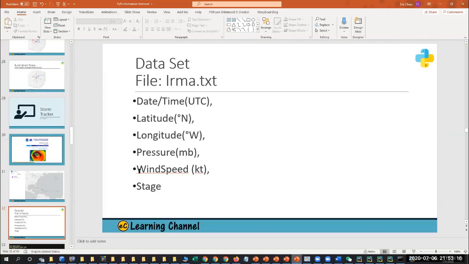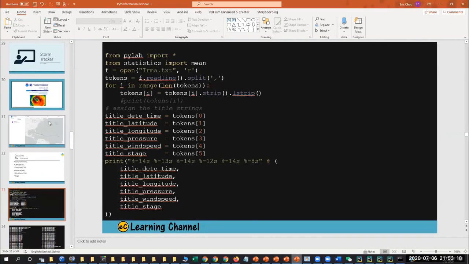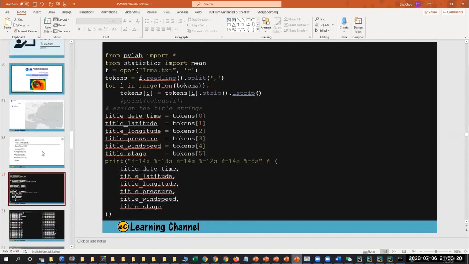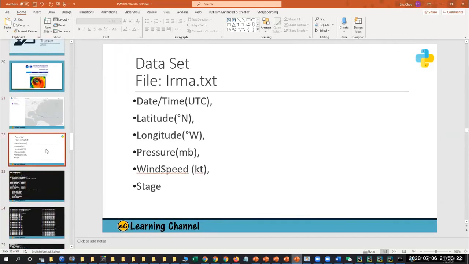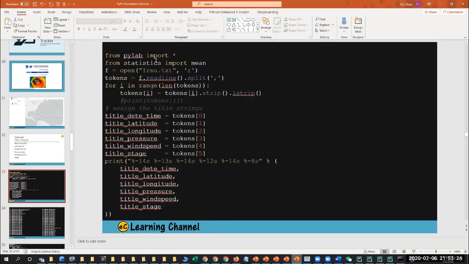So let's go through the slides. So here we get the longitude and latitude, okay? And then from pylab we import everything, and we also get the mean function from the statistics package, okay?